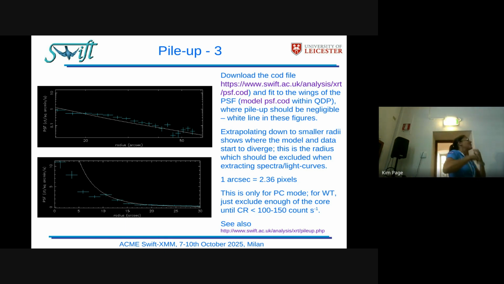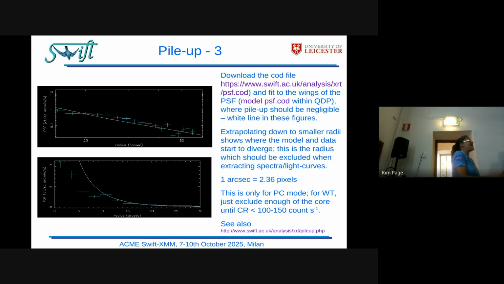It's very much more obvious if you have a super soft source, because you've got all the soft photons and very little higher energy, so you notice by eye that it looks weird. The 0.6 counts a second is approximately right for typical power law spectra, but it is not a hard and fast rule.